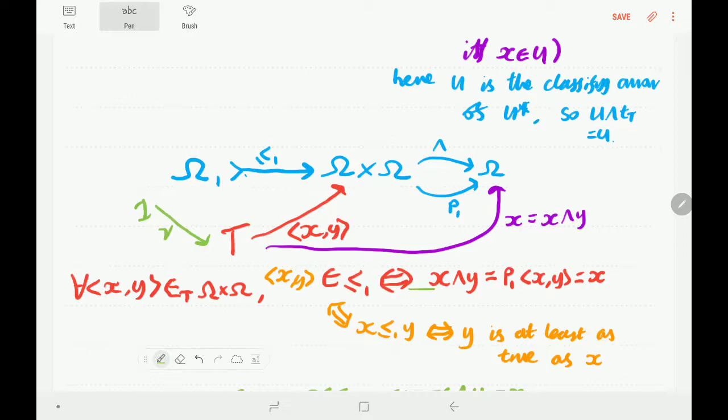sometimes written as x is less than or equal to y, but anyway, x comma y is in less than or equal to if and only if x comma y equalizes these two blue arrows up here, in the sense that x and y is equal to x.